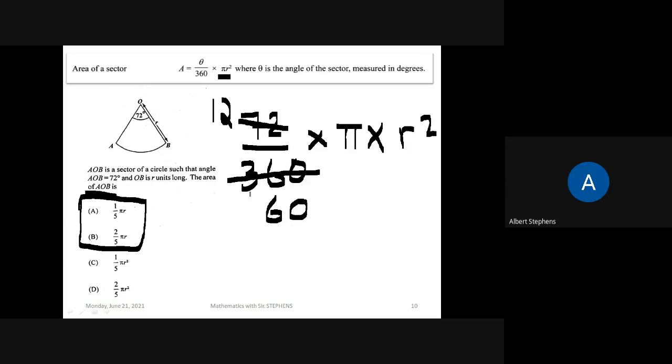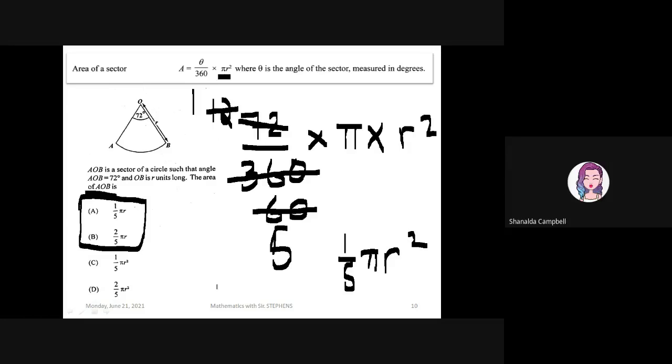Yes, sir. And 12 into 12 goes 1 time, and 12 into 60 goes 5 times. So the answer is 1/5 pi r squared. Answer C.